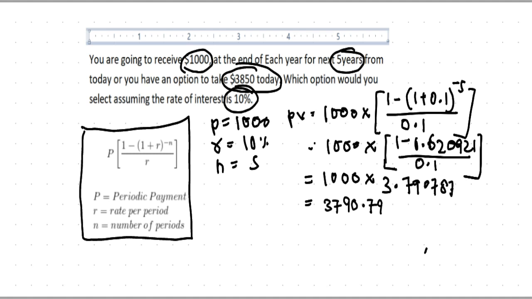So the present value of an annuity of 1000 for the next 5 years is 3790.79.